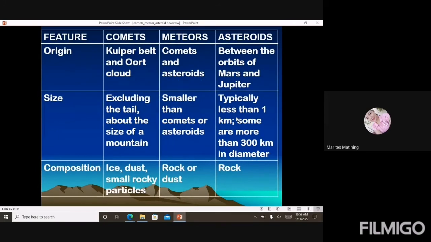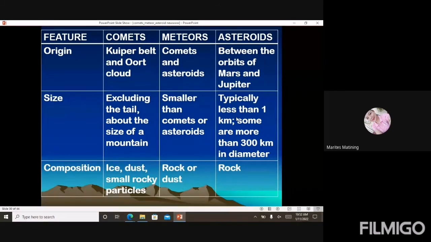Eto na. So, here, comets originate in the Kuiper belt and Oort cloud. Ang meteors, they originate from the worn out pieces from comets and asteroids. Okay, asteroids originate between the orbits of Mars and Jupiter.